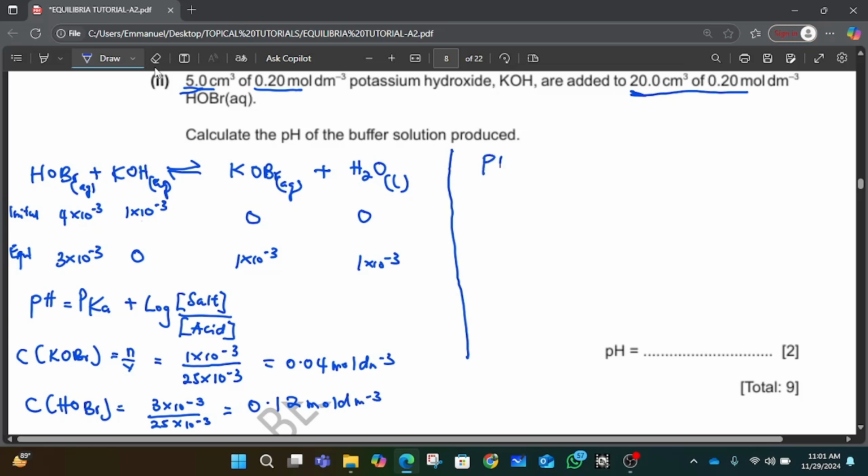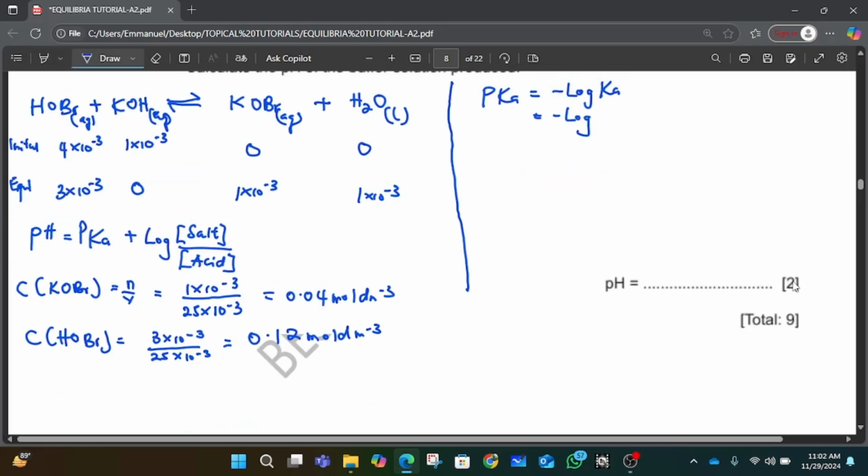Now we know that pKa is equal to negative log of the Ka of the weak acid. And so this is equal to negative log 2.0 times 10 power negative 9, and this is equal to 8.70.